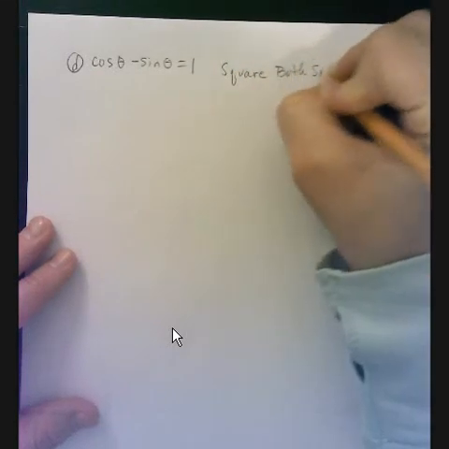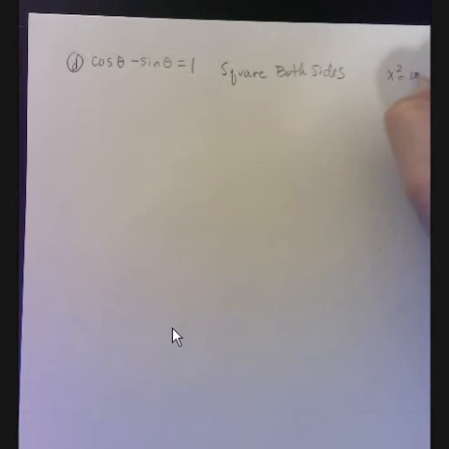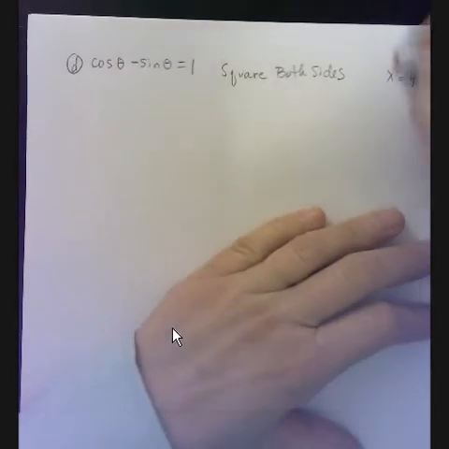Now you may remember this from algebra, that whenever you square both sides of an equation, things get a little tricky because you can bring in new solutions that don't actually work in the original equation. So for example, if x equals 4, and then you square both sides, x squared equals 16.